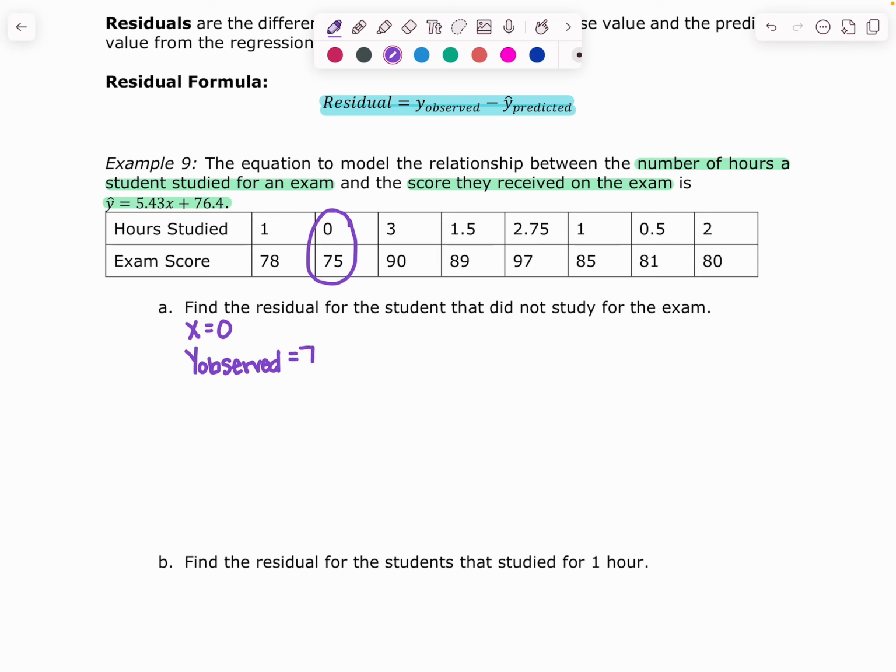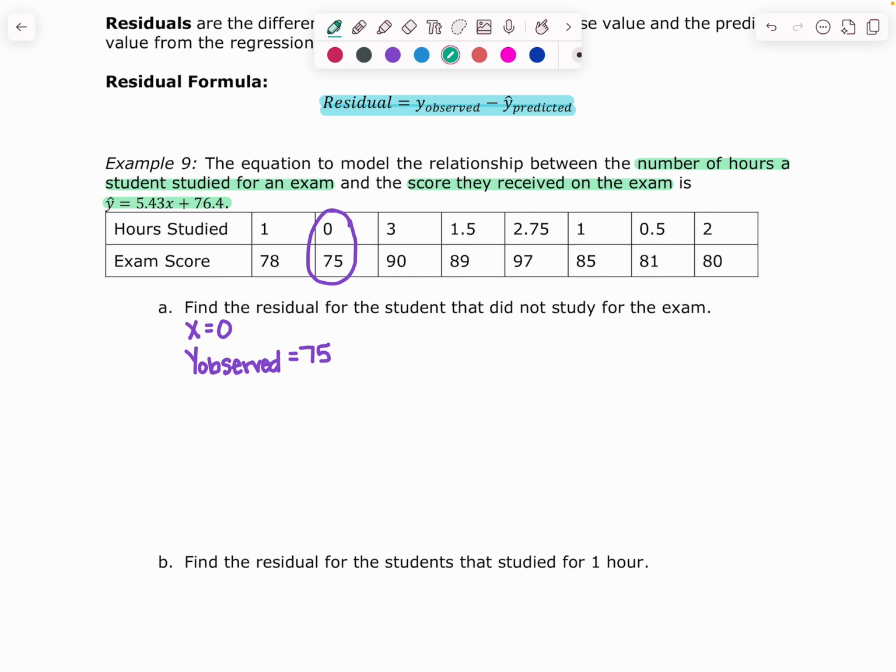So their exam score was a 75. These are my observed values. The student did not study, so their x value is 0. And as a result, they scored a 75 on the exam.